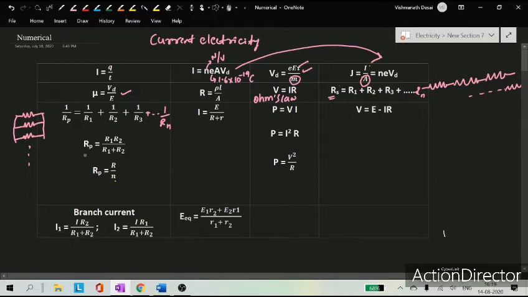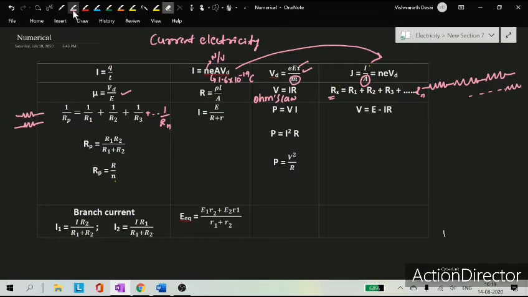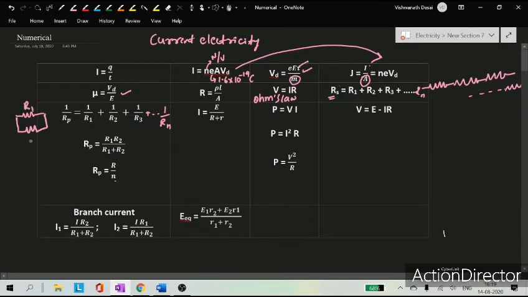If only two resistors R1 and R2 are connected in parallel, then the equivalent resistance can be written as R1R2 divided by R1 + R2.